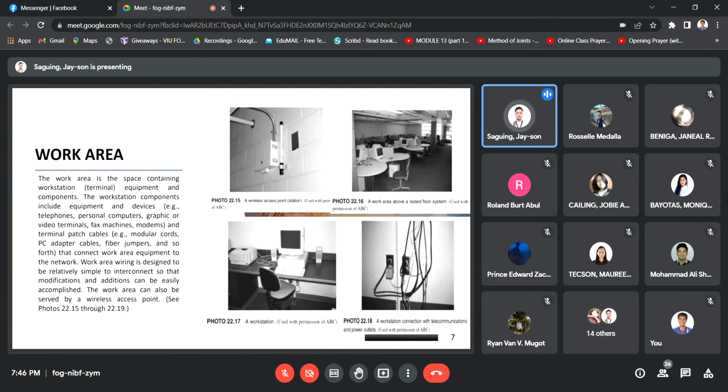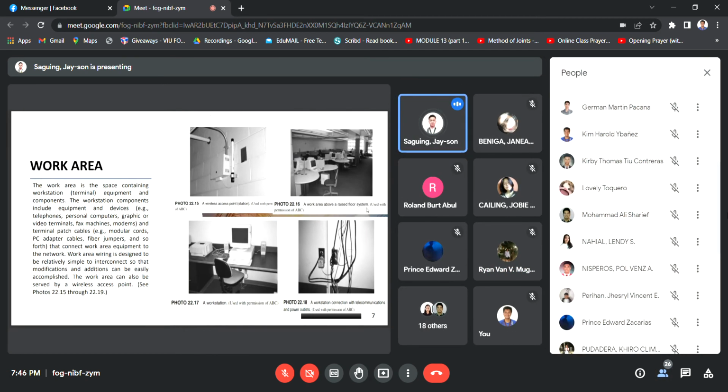The work area can also be served by a wireless access point. See photos 22.15 through 22.19. As you can see in photo 22.15, it is a wireless access point station. In photo 22.16, a work area above a raised floor system.